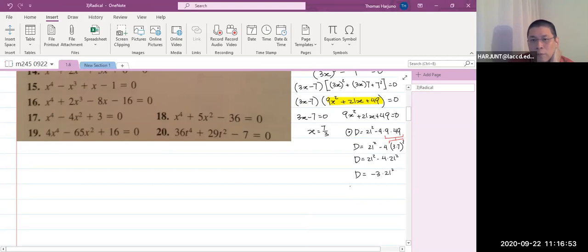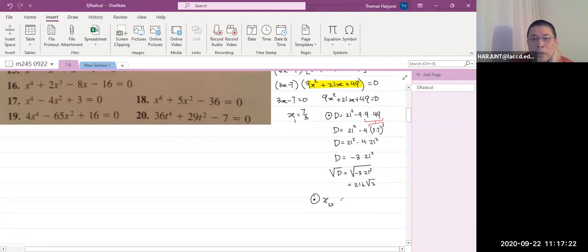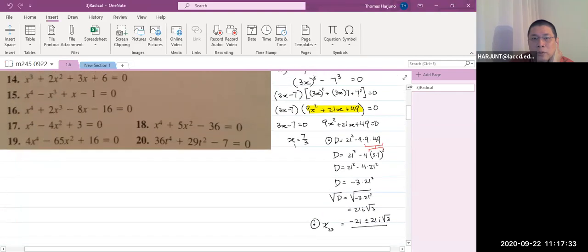Now the square root of d will be the square root of negative 3 times 21 squared. That is 21i square root of 3. So the other two solutions, x2, 3, will be negative b plus minus square root of d, which is 21i square root of 3, over 2 times 9.